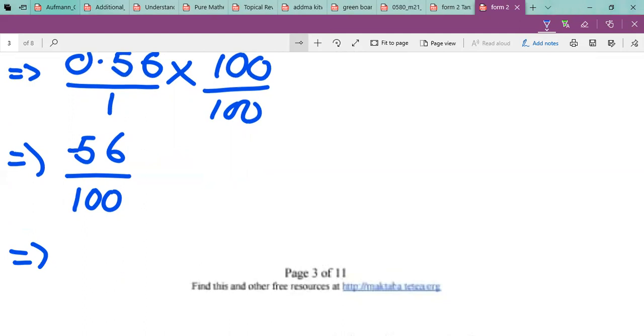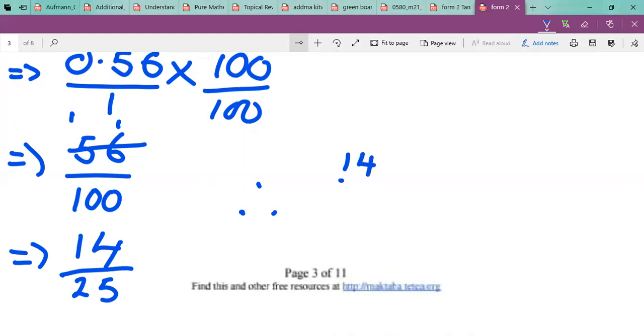Maybe we can use 4. 4 into 56 is 14, and 4 into 100 is 25. Therefore, the fraction is 14 over 25.